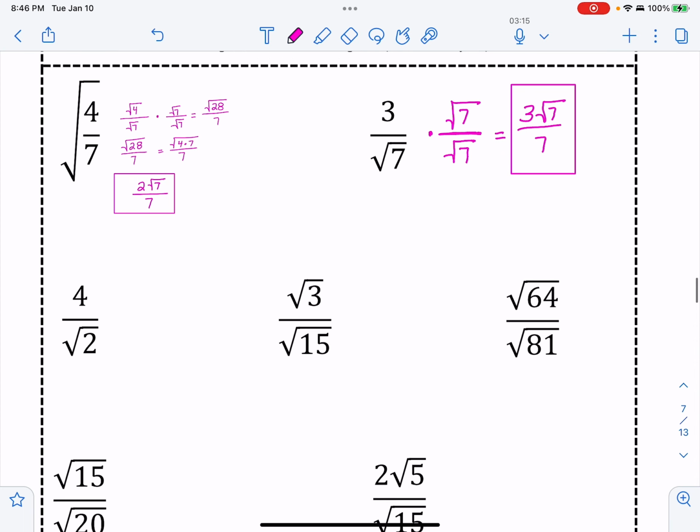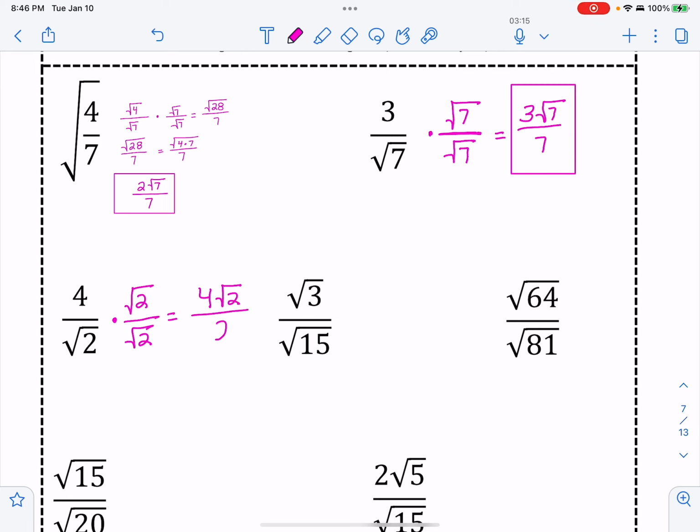Next. Okay, there's a radical in the denominator, and I need to change that. So I multiply the whole thing by something equivalent to 1, so it doesn't change the value. And I multiply my numerators together.